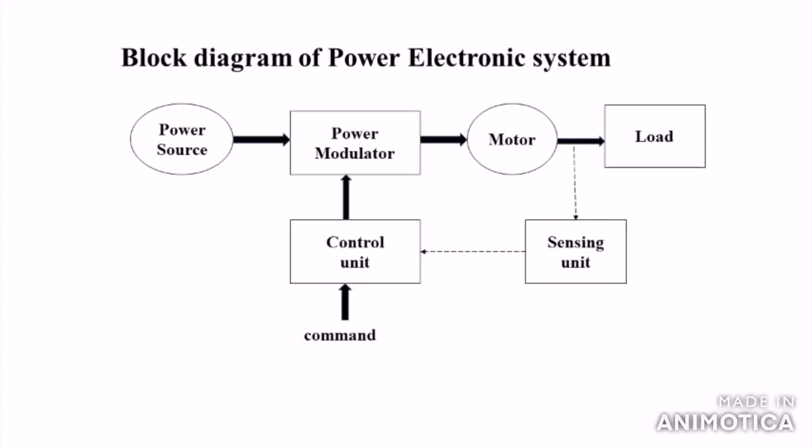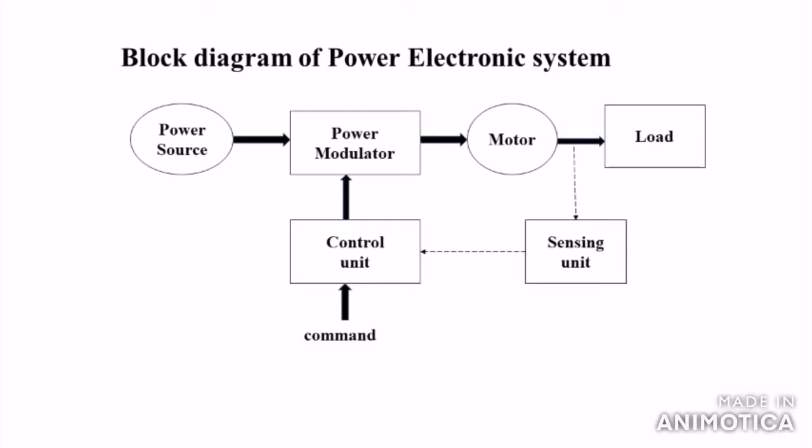The sensing unit senses the actual speed of the motor, and this actual speed is given to the control unit. Now the control unit compares the reference value, 1500 rpm, with the actual speed of the motor.